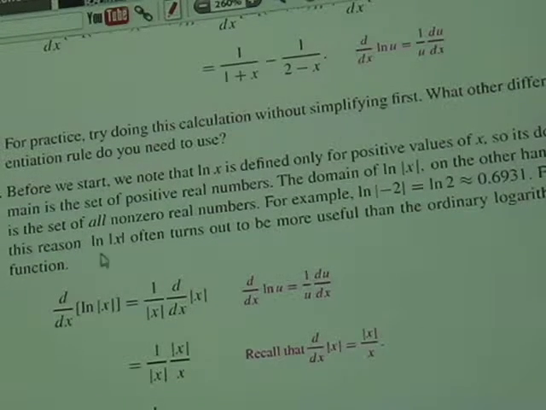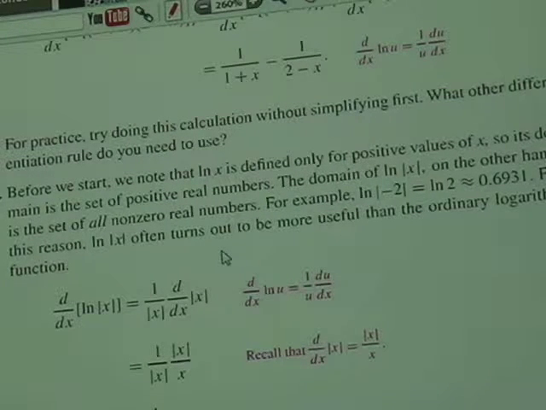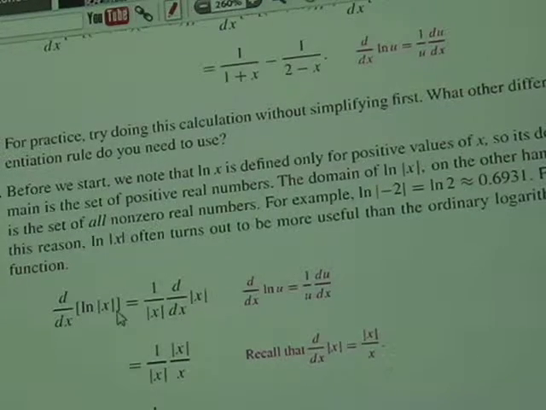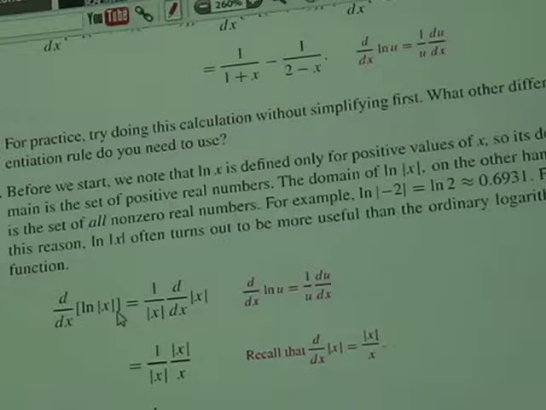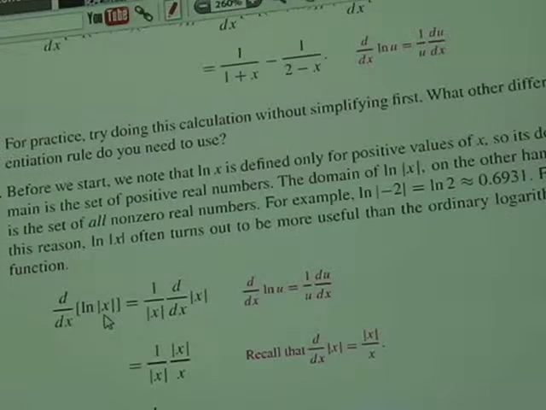For this reason, ln of the absolute value often turns out to be more useful than the ordinary logarithm, because it's defined in more places than the ordinary logarithm. Okay, so how do we talk about the derivative of ln of the absolute value of x?